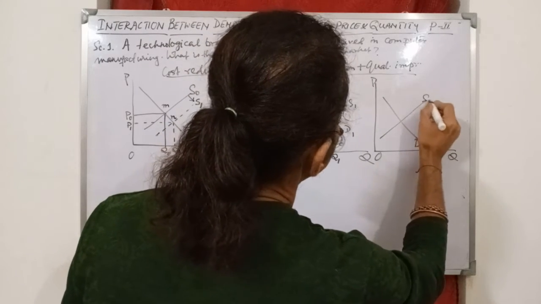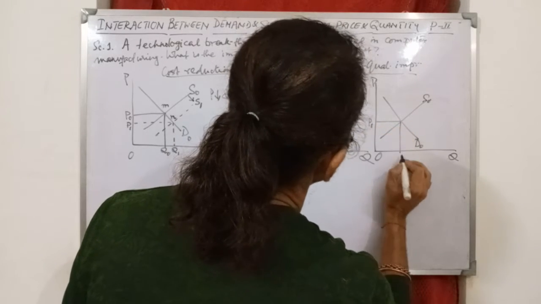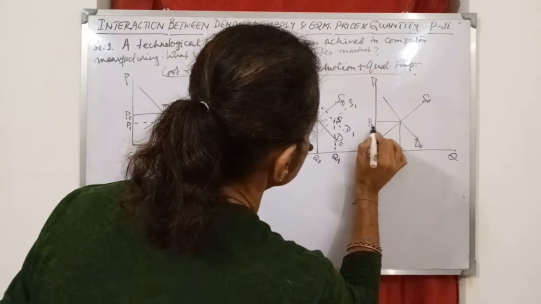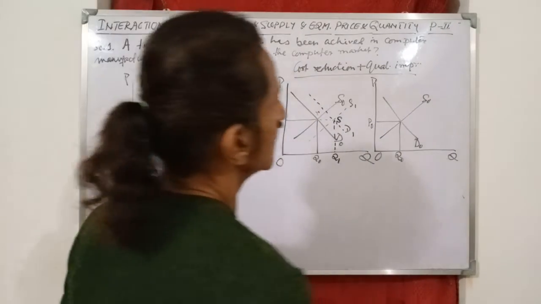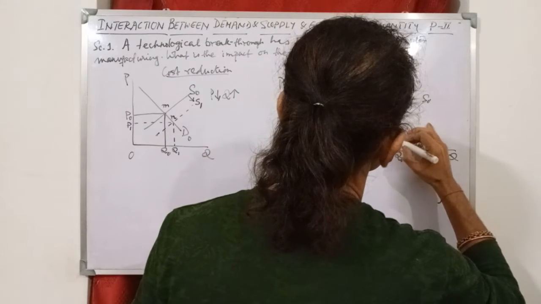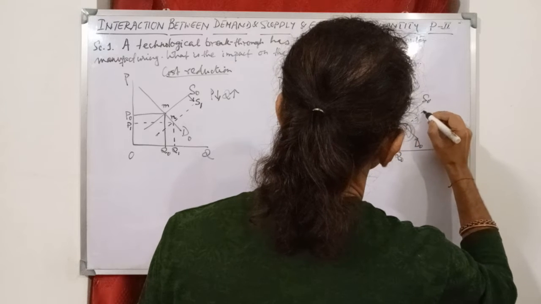D sub 0 and S sub 0 are the demand and supply curve respectively, and P sub 0 and Q sub 0 are equilibrium price and quantity respectively. Now S sub 0 is shifting rightward.